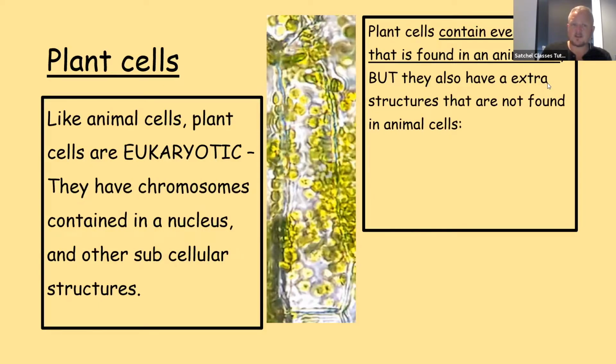But they also contain some structures not found in animal cells that are useful for plant functions, such as photosynthesis, that animal cells don't have to undergo. Chloroplasts, a large storage vacuole, and a cell wall, which provides structure and support.